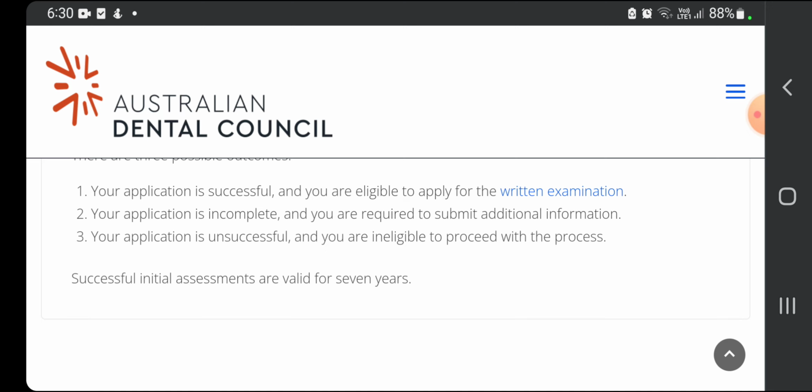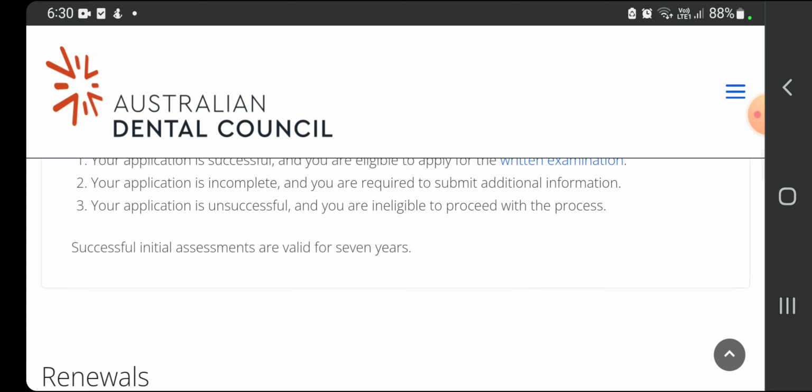If it is incomplete or if some problem is there, they will inform you by mail so that you can make the changes and send it back to them. Sometimes the documents may not be clear, and they will ask for another PDF or another mail. Once you send that, and they assess it, and if it is successful, you can appear for the written examination.